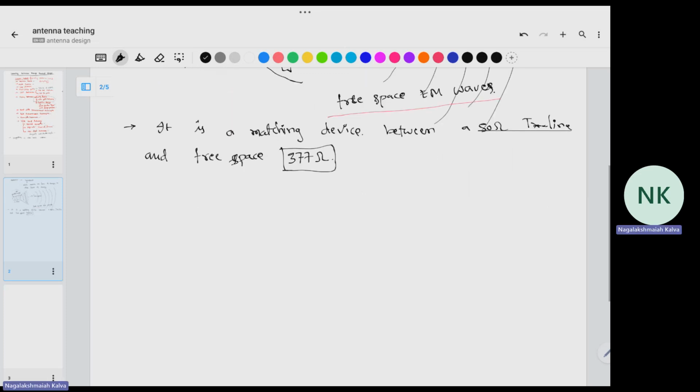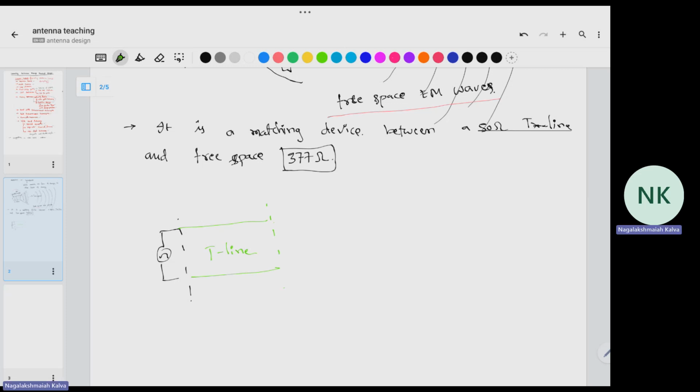Here we'll have a source, and this source is connected to a transmission line, and this transmission line is transferring the energy to free space.